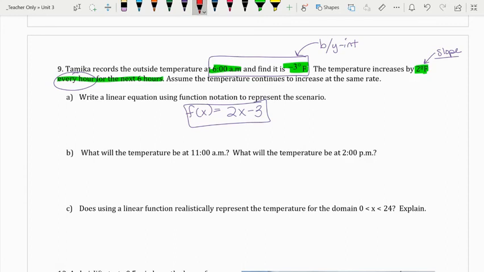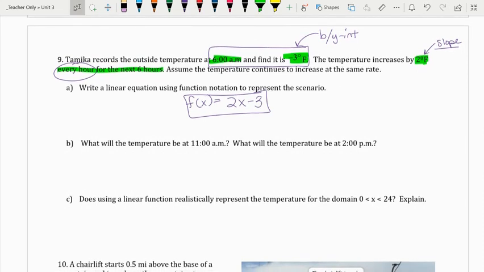It says, what will the temperature be at 11 a.m.? What will the temperature be at 2 p.m.? Okay, now this is where we need to think about what we're plugging in, right? 6 a.m. kind of is like our 0. So if 6 a.m. is 0, then 7 would be 1, then 8 would be 2, then 9 would be 3, 10 would be 4, and 11 would be 5.